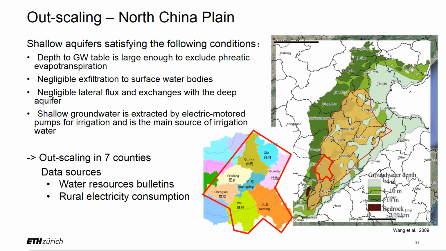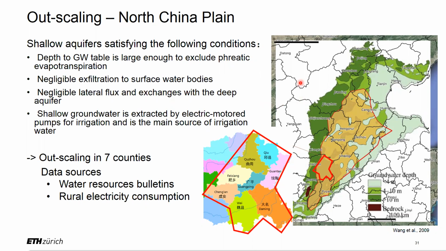Now let's see whether this box model can be applied in the whole North China Plain. The areas should satisfy the following conditions. The depth to groundwater table should be large enough to exclude phreatic evapotranspiration, and the exfiltration to surface water bodies should also be negligible.